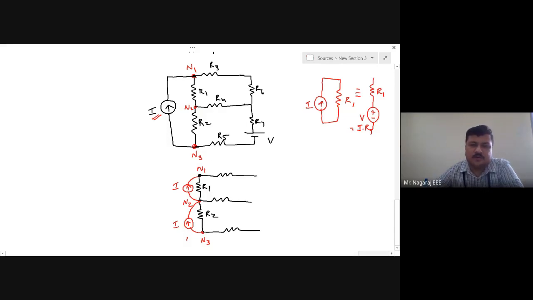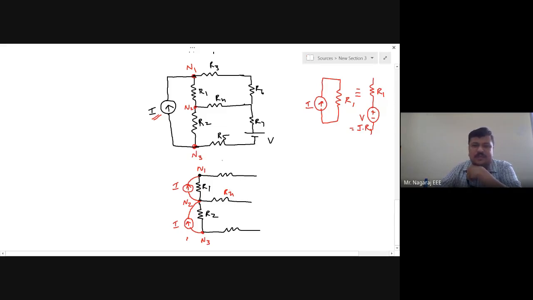So this R4 will not get any part of the current I into it. Do you agree? It is just entering and leaving immediately. It is not flowing into R4.